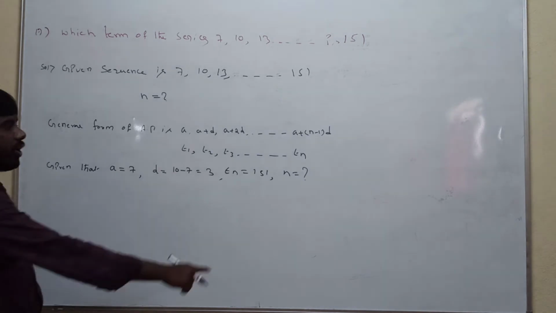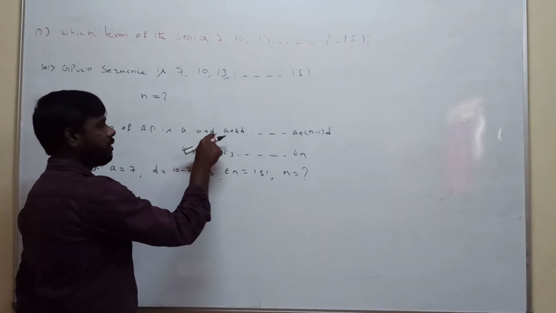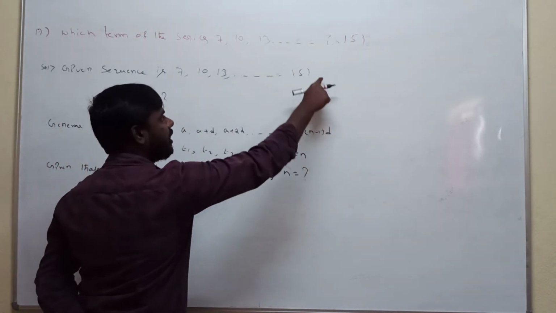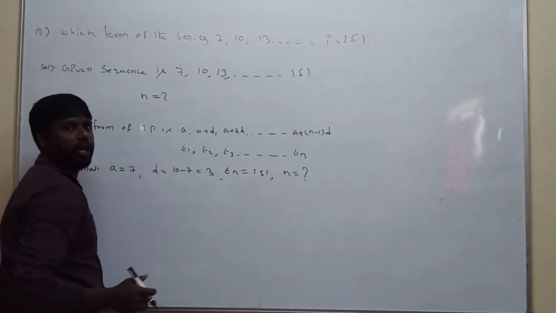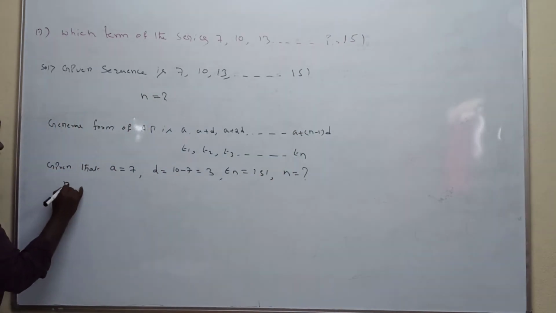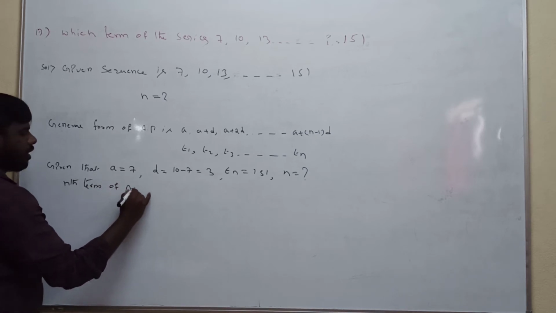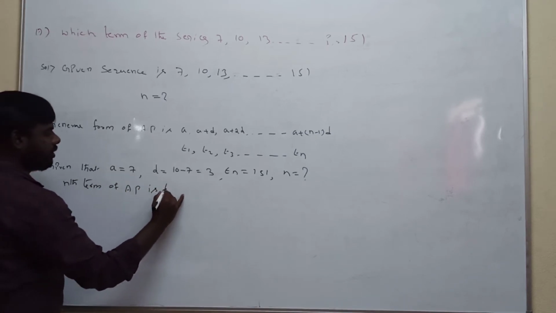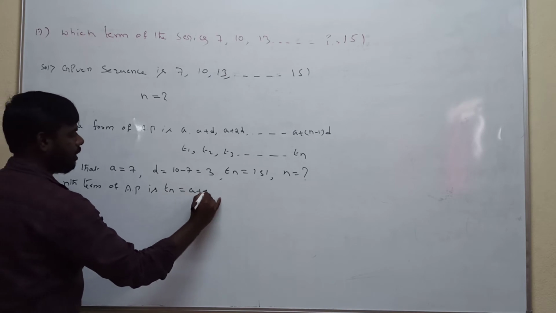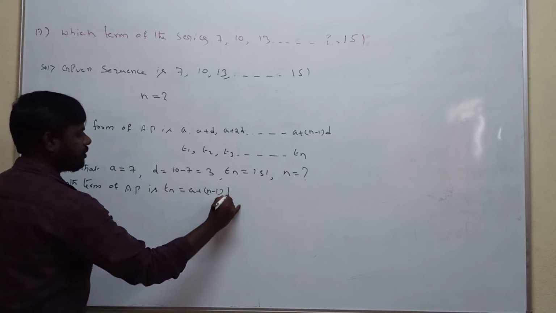So you understood? First term, second term, third term, nth term. That's why the nth term value is 151 we are writing. Next, write the nth term of the arithmetic progression: Tn is equal to a plus n minus 1 into d.